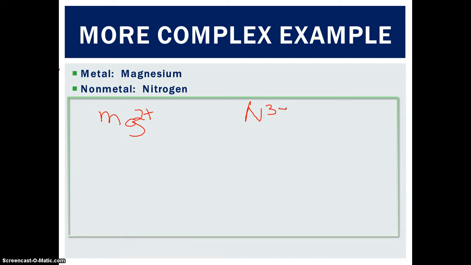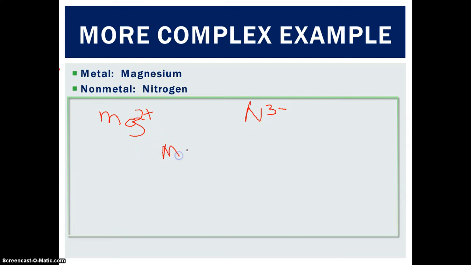It has a -3 charge when it forms ions. So I have my 2 ions here now. They're going to attract each other and combine in such a way that they make a neutral compound. So let's just combine them together.